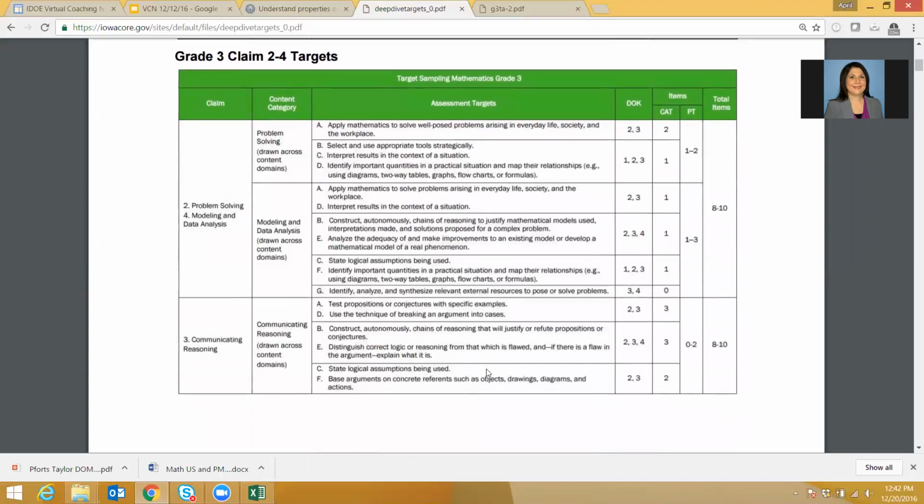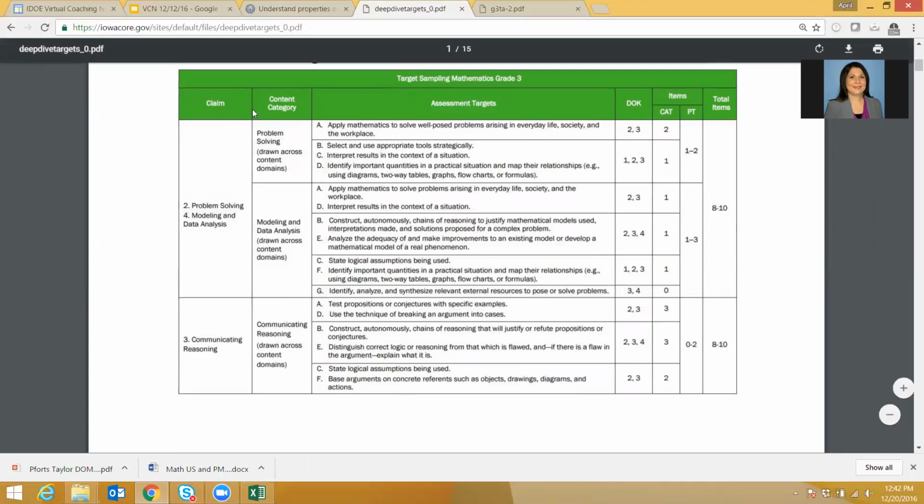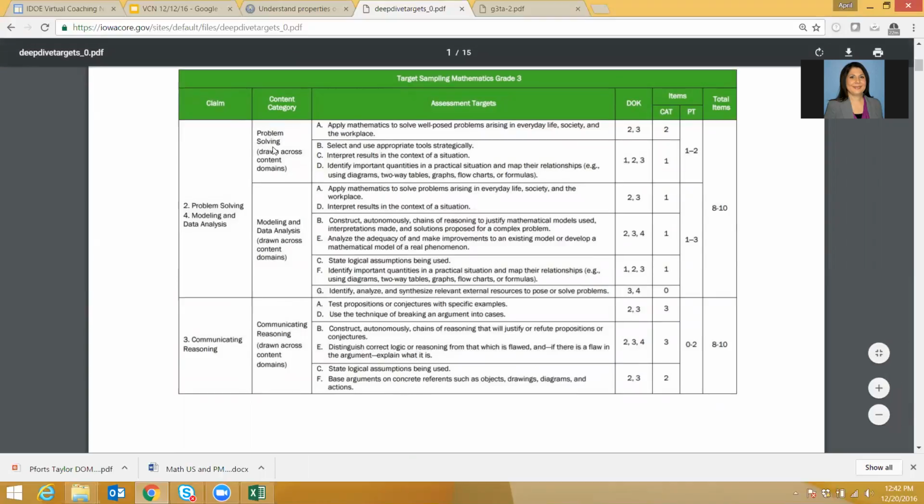Now, when we get to claims 2 through 4, you'll notice, wait a minute, this isn't content targets. Correct. Under problem solving, you'll see that we have assessment targets A through D, and these will relate to problem solving. Then under modeling and data analysis, we have A through G. These will relate to modeling and analyzing data.